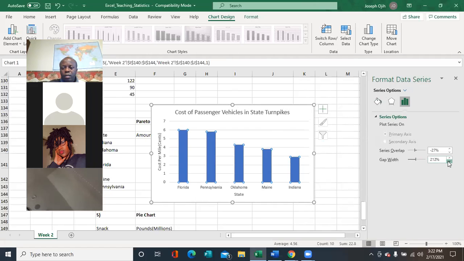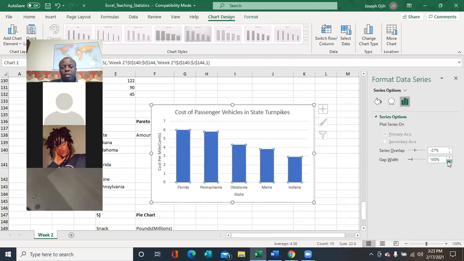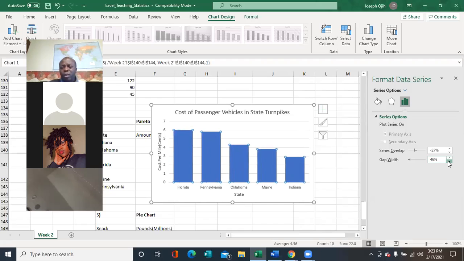As I'm closing it, they'll be coming together just the way they should have been, because they are together. It's a form of a histogram. I would call it a bar chart, actually. But you know, a histogram and a bar chart are basically the same thing.